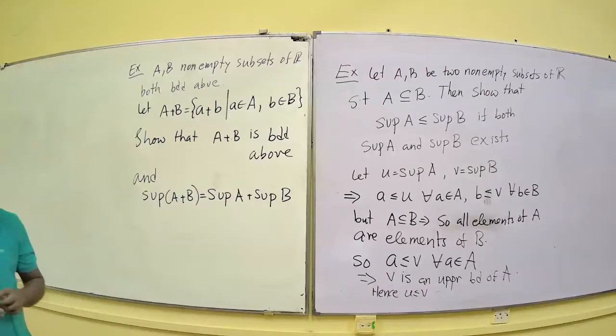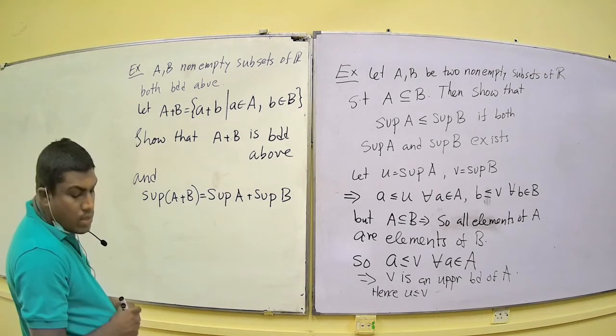Okay. So we have to show that A plus B is a bounded above set, and we shall show that supremum of A plus B is equal to supremum of A plus supremum of B. Right. So let us start with the boundedness. Right.